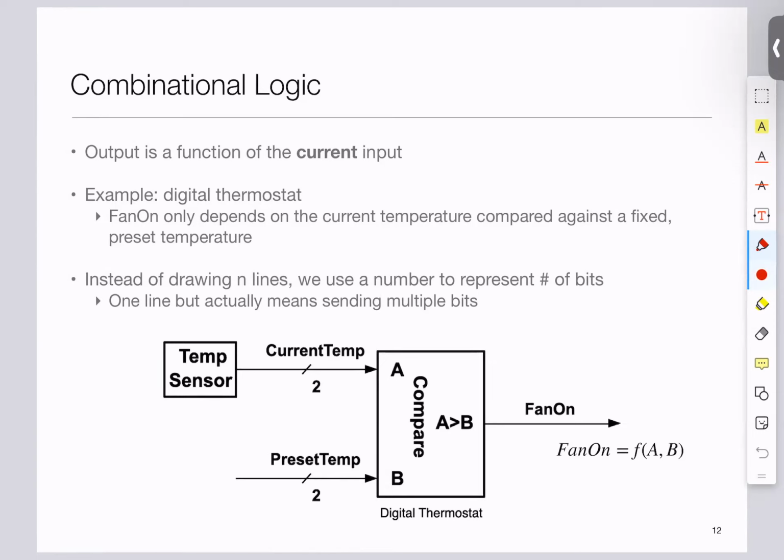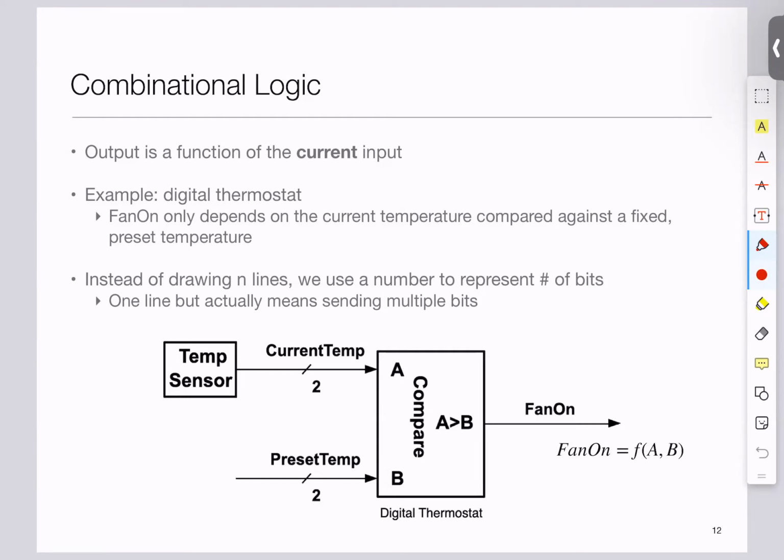One, which I call combinational systems, are those which don't have any memory. In other words, their output at any given point in time is strictly a function of the current inputs. Now, this is a mathematical idealization because in reality, any circuit has some delays.